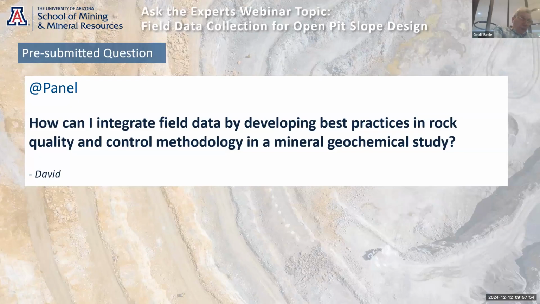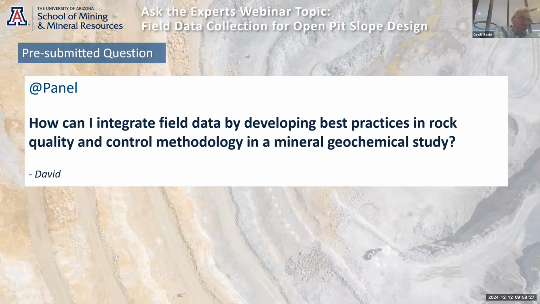So I think there's some pointers there. In the porphyry copper world, there's definitely correlation between mineral geochemistry and rock quality. I think it's very difficult to get precise correlations, but there are some pointers from the mineral geochemistry that you can apply as general guidelines to rock characterization.